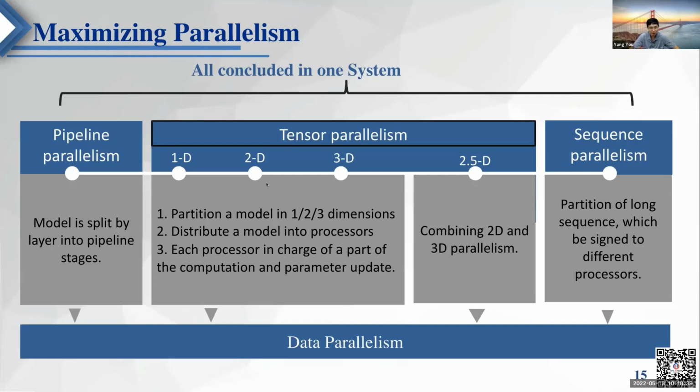We have 1D pipeline and data parallelism, and we also propose some new approaches like 2D, 3D, and 2.5D tensor parallelism, because we believe they can make future huge AI models more efficient, since we will have many more parameters. With 2D, 3D, and 2.5D, we hope to make them more communication efficient. That's why we do that.